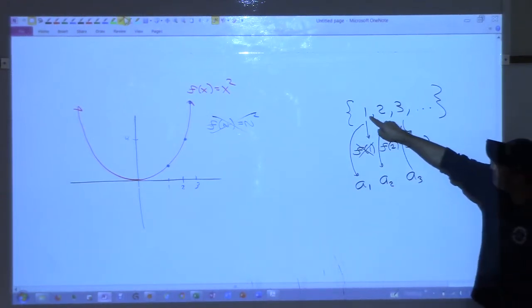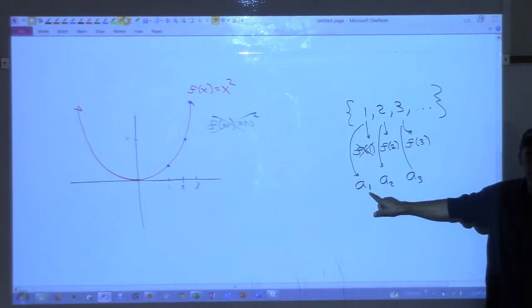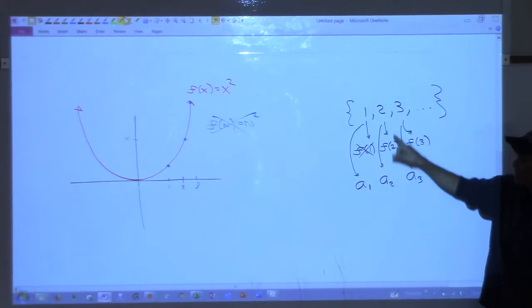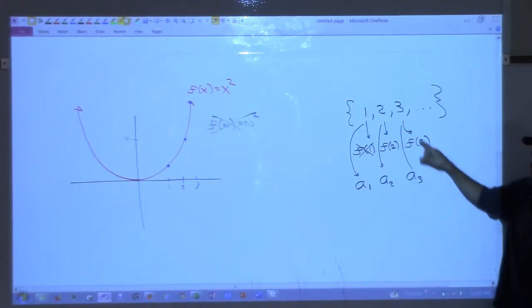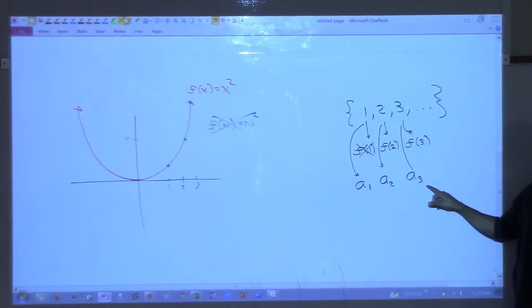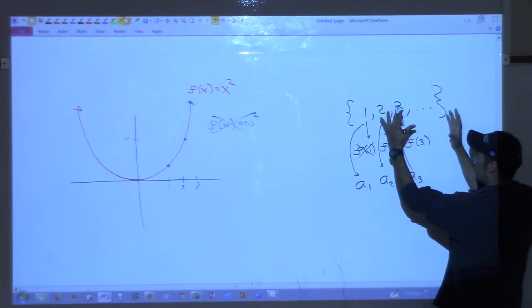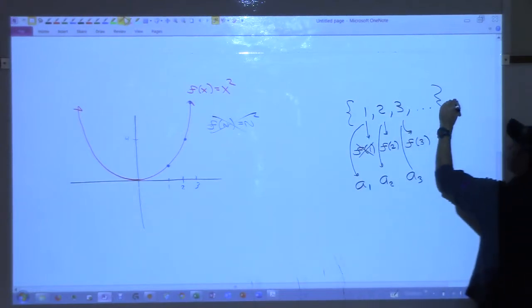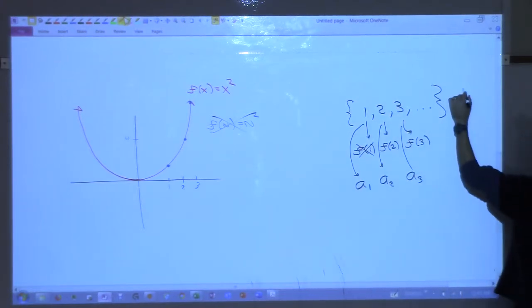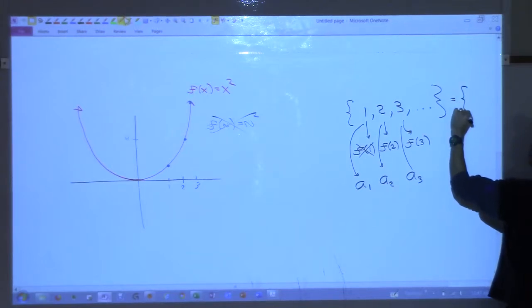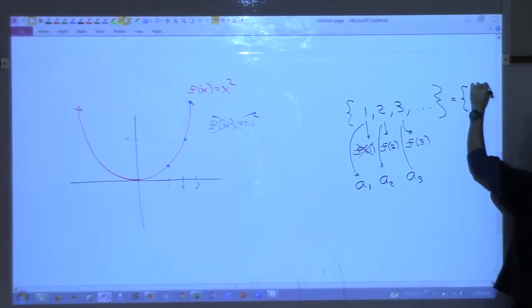So this number 1 is the output of this function when I plug 1 in. This number 2 is the output when I plug in 2. This is the output when I plug in 3. Right? So in general, for this particular sequence, you could say that this sequence is just the sequence a sub n.